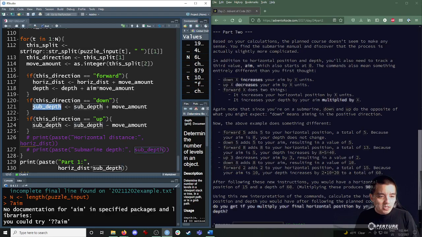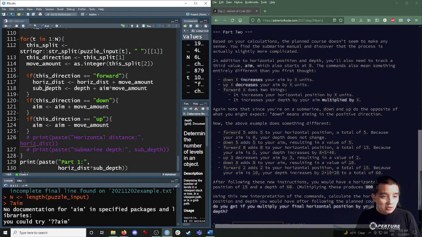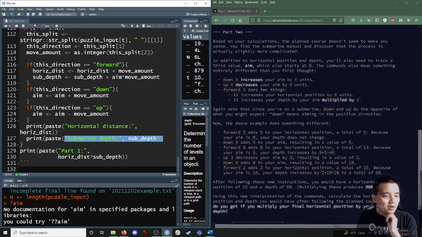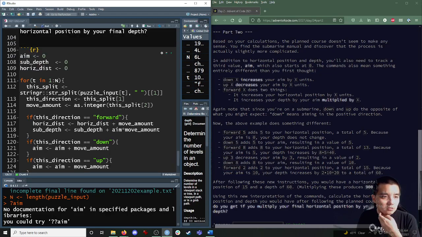Down increases the aim, up decreases the aim, and I accidentally called this back up here depth, but out of an abundance of caution I called that subdepth. So once again I'm going to toggle on these print statements, which will help me as the for loop is running double check if the numbers are coming out as expected.